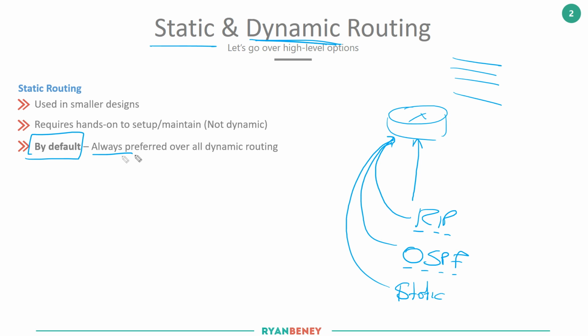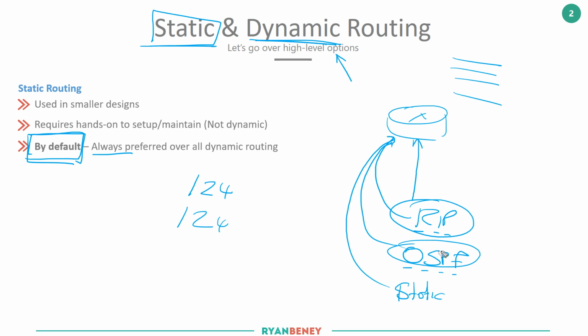And here, what we're saying is we always prefer static routing over dynamic routing if nothing is changed, so hence the by default, and if the route is the same length. So if I learn a /24 via RIP, the same /24 via OSPF, and the same /24 via static, providing nothing else has been changed, I will prefer the static.